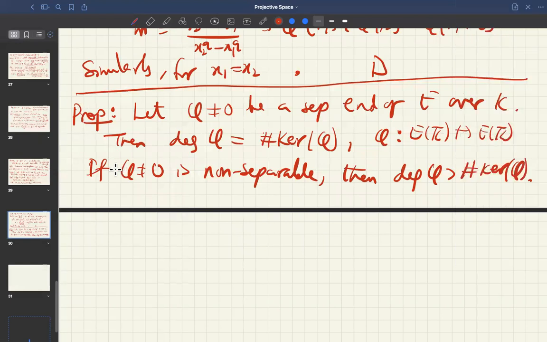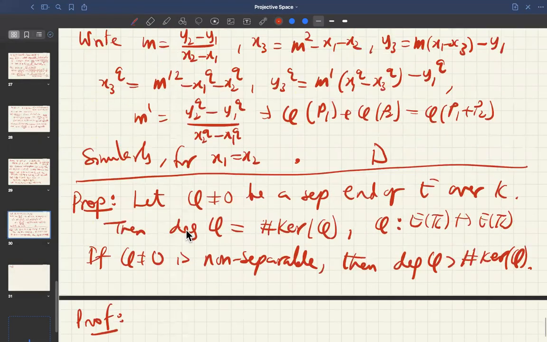Now let's go and get a proof. The proof is simple, but it is important. Let me give the proof. See this with the Frobenius.